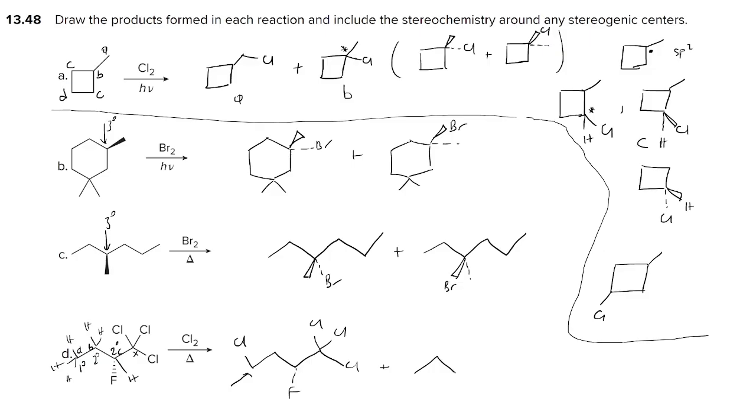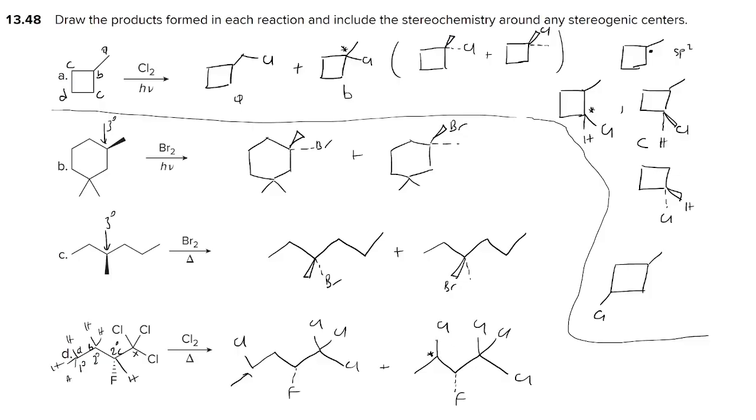Let's write the fluorine as dash here. We have three chlorines here, and we will have chlorine here. If you check this position, this is a chiral center, so we have to include stereochemistry.